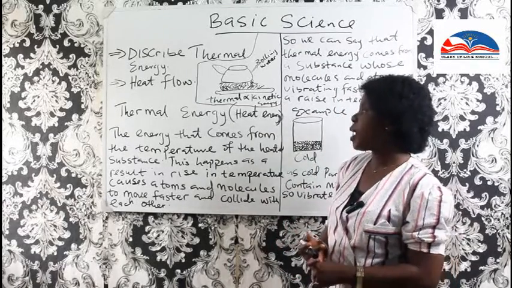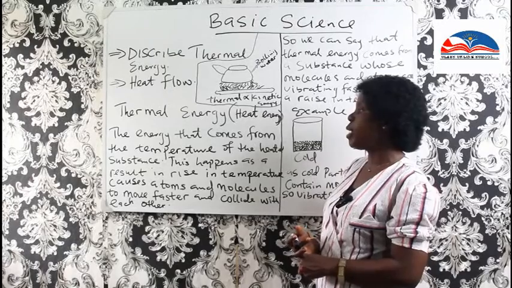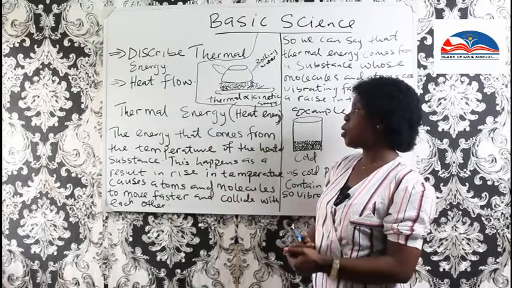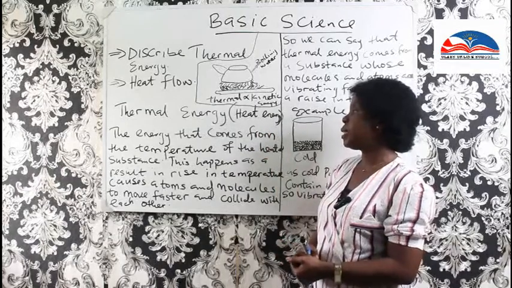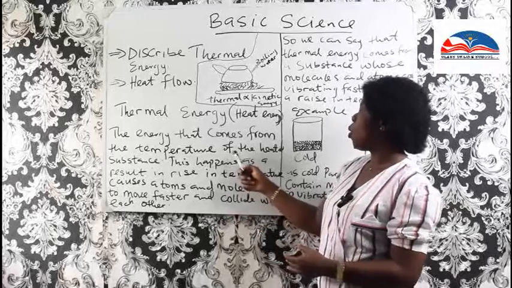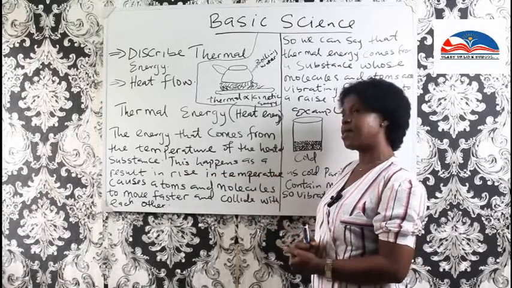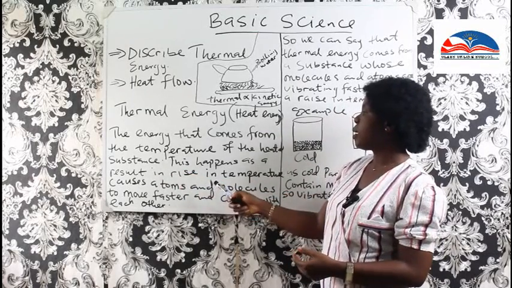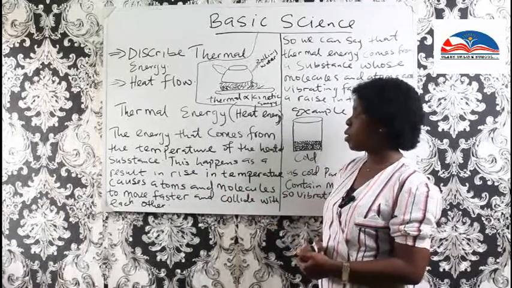The thermal energy comes from the temperature of the heated substance. Thermal energy, sometimes called heat energy, is the energy that comes from the temperature of the heated substance. This happens as a result of a rise in temperature.